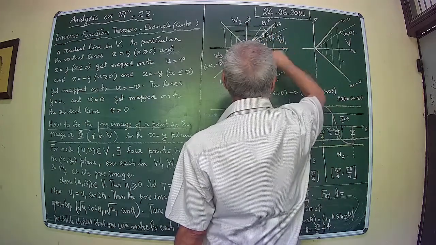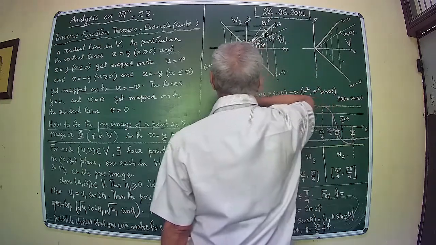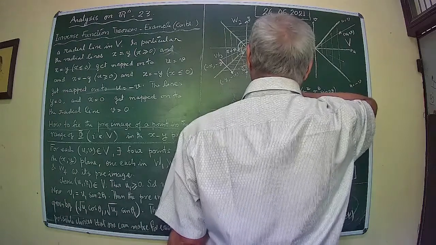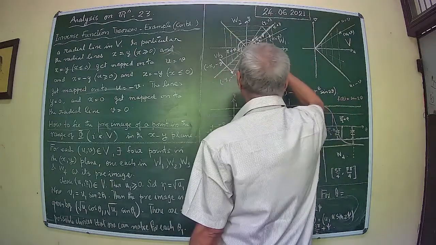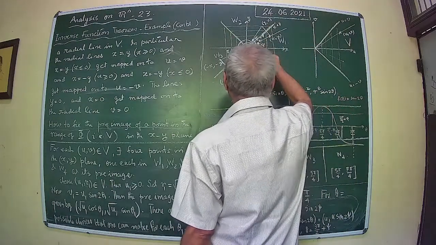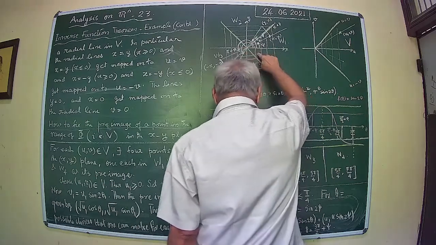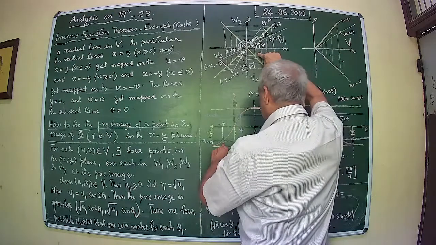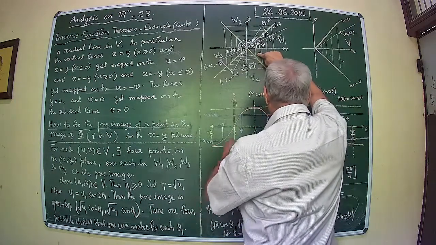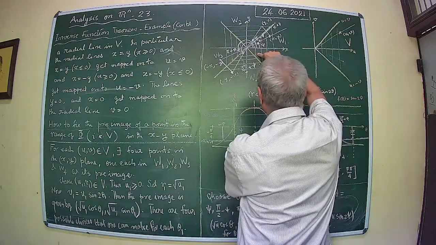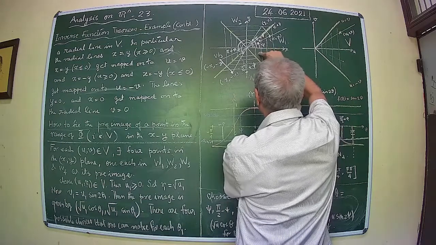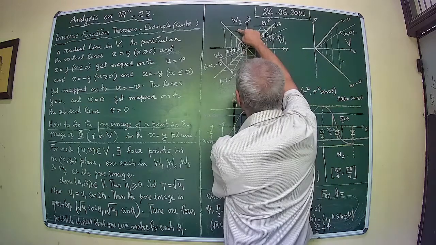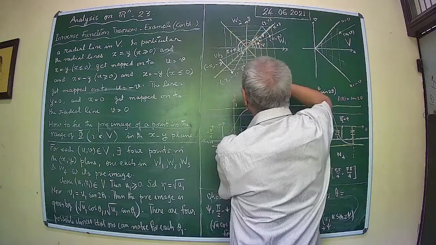Start with a phi here, then what is the other point that I have? Minus phi, then you have pi by 2 plus phi, you are here, and then you are inverting.